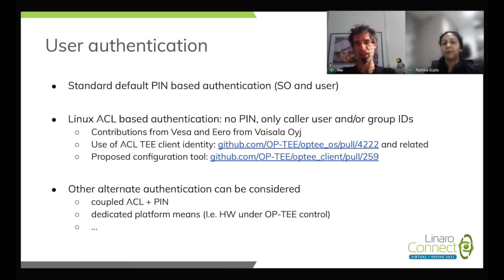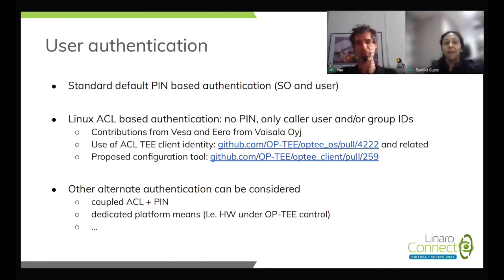The contribution proposes the implementation in the several non-secure and secure parts, and they also propose a configuration tool to help define the credentials for the security officer and user using either PIN or Linux ACL means.